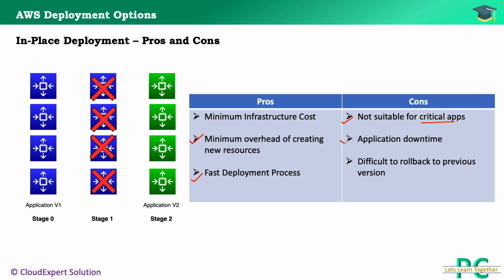As I mentioned, there will be a brief application downtime, and from the diagram you can understand, let's say after you upgraded your application version, you have identified there is a bug and you have to roll it back. Since all the EC2 instances or infrastructure have the new application version, it is difficult to roll back to the previous version. Maybe you have to again undeploy the code and redeploy the previous version of the artifacts.